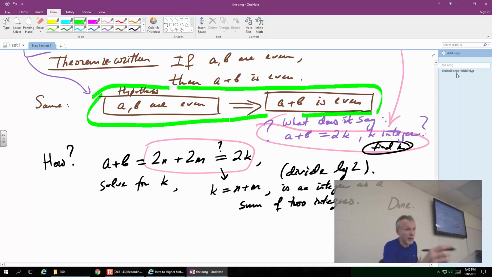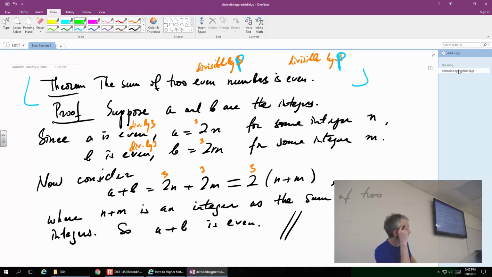For example, how about we have 3 numbers? 3 even numbers added together give you again an even number. Why? Look at the proof. Instead of a plus b, it will be a plus b plus c, and once again you factor 2 out, and you have 2 as a factor of the sum. So you can produce all kinds of results in this fashion.